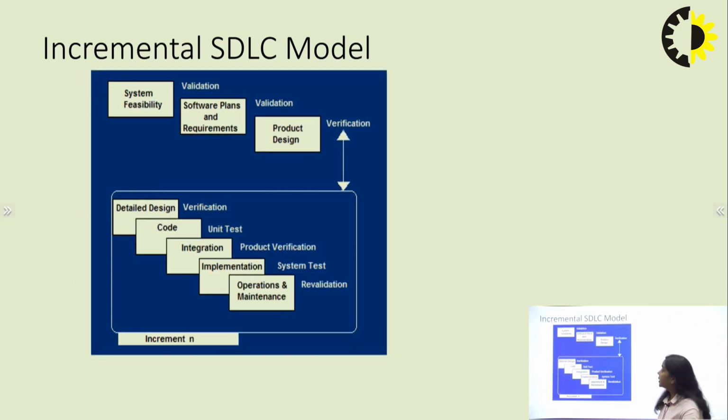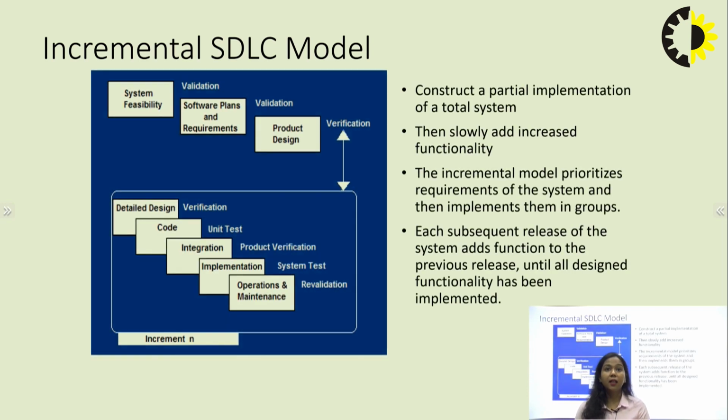In this SDLC model, first of all, we start with the waterfall model. At the product designing, we perform the incremental of the same process. That means when you give the system feasibility, requirements are generated and validated, you make a little version of a model and release it into the market. As per the user interaction, requirement and feedback, we again perform the designing and release another model.